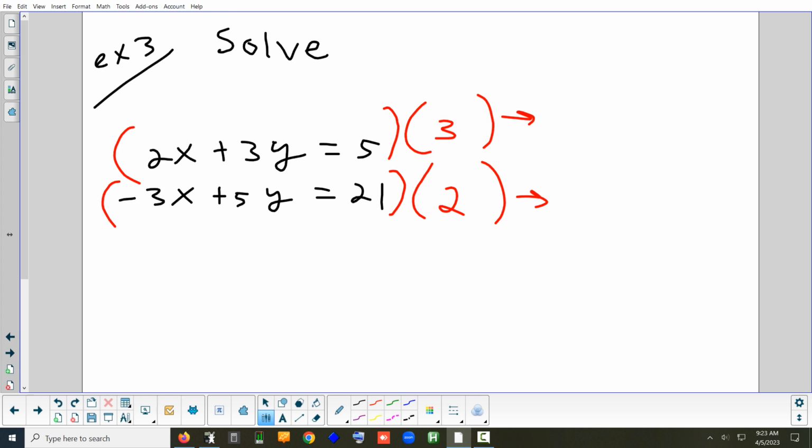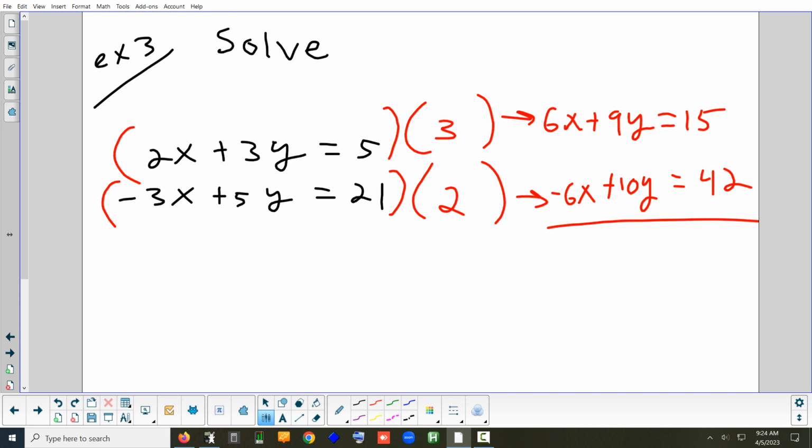Chris, if I do that in the top, what will I get? You get 6x plus 9y equals 2. Okay. And Ashley, if I do that in the bottom equation, what will I get? Negative 6x plus 10y equals 42.